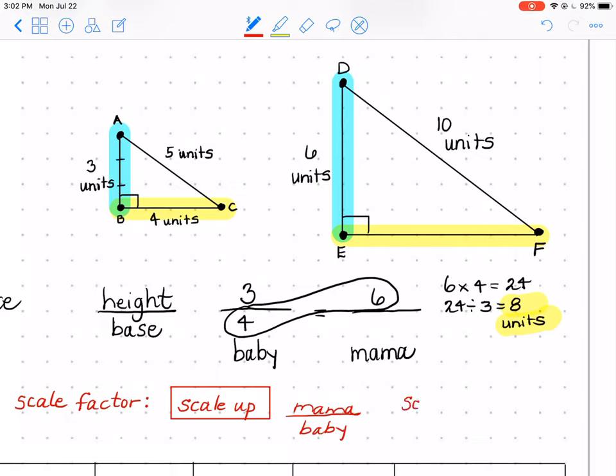If you want to scale down, we would put baby's dimension on top because baby is smaller of the two.